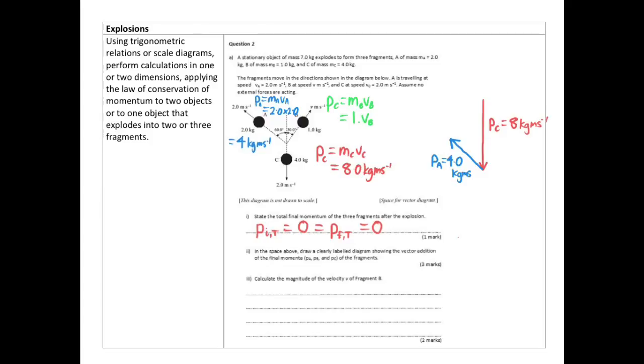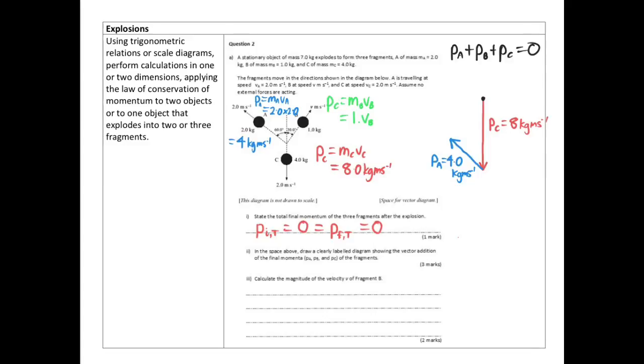Now, we know that the total final momentum is 0, so the momentum of A plus the momentum of B plus the momentum of C must equal 0. So we must get back to where we started at this point here.